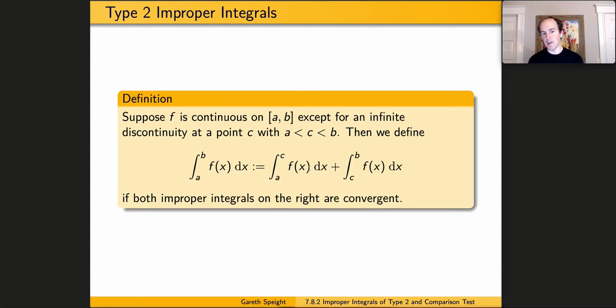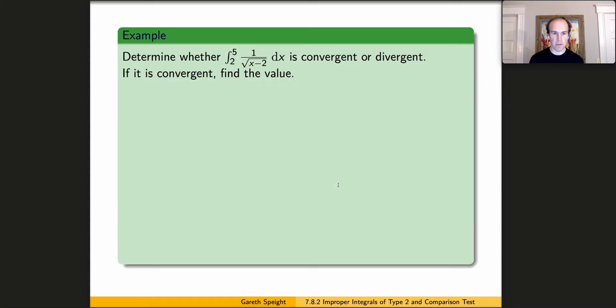If the infinite discontinuity is at c, then if we're looking at a to c, this is an interval where it's on the right, and then c to b, that's an interval where it's on the left. And then we handle each of those separately. So these separately are improper integrals, as on the last slide. And then if they both converge, we just add the result to get the integral from a to b. If either of them diverge, then the improper integral diverges. So for these ones where the infinite discontinuity is in the middle, we need the improper integral to converge on both sides. Okay, so let's see some examples of how it works.